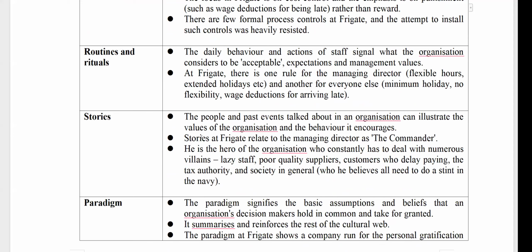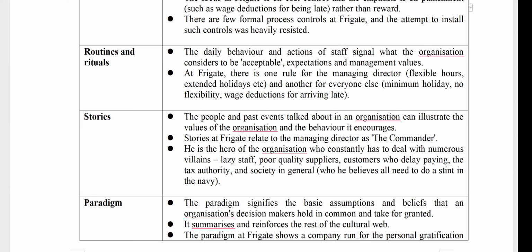Then we come to stories. The people and past events talked about in an organization can illustrate the values of the organization and the behavior it encourages. Stories at Frigate relate to the managing director as the commander. He is the hero of the organization who constantly has to deal with numerous villains like lazy staff, poor quality suppliers, customers who delay paying, the tax authority, the society in general.